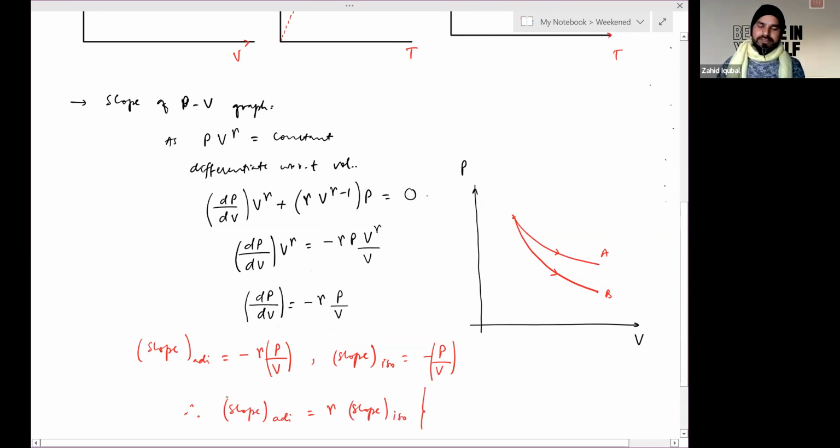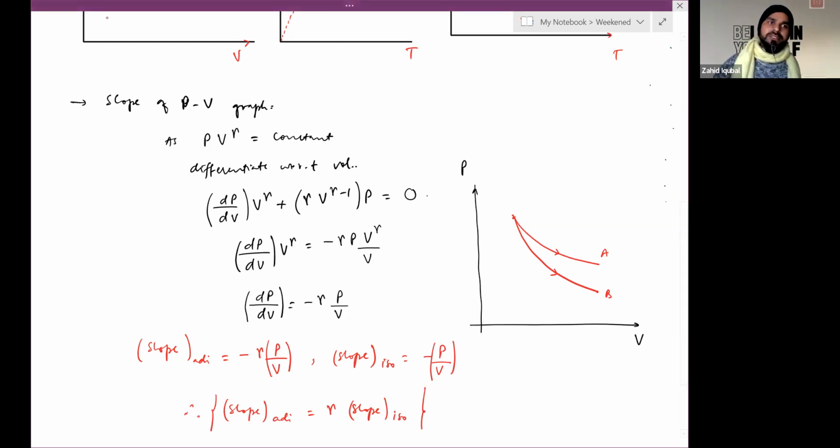So this is the relation between slope of these two different processes. And since gamma is always greater than 1, you will say adiabatic curve will be more steeper as compared to isothermal curve.